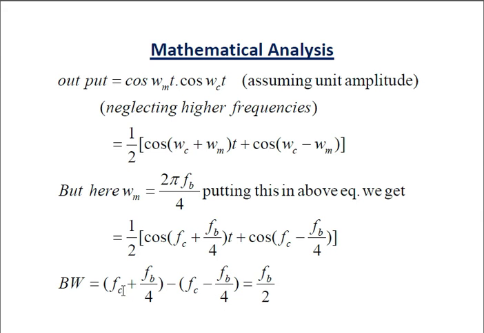Then this plus and minus gets cancelled out, and fb/4 plus fb/4, twice fb/4, is equal to fb/2, so that your output frequency is fb/2.